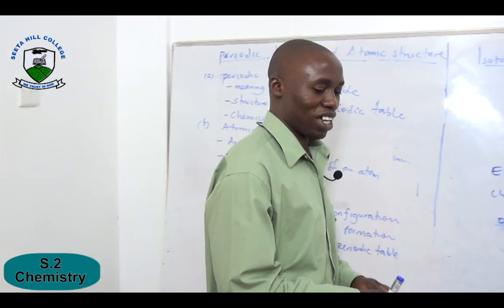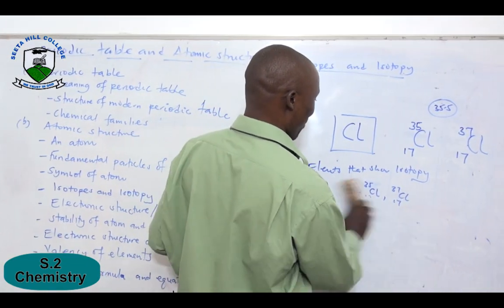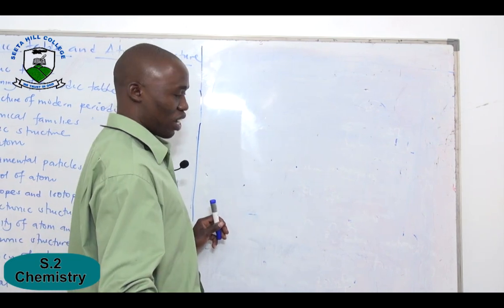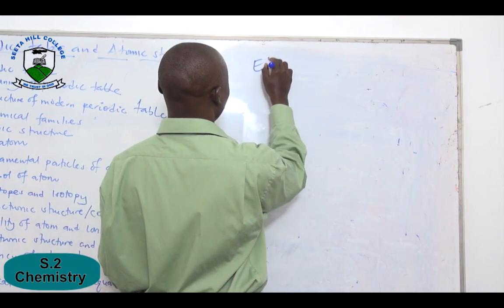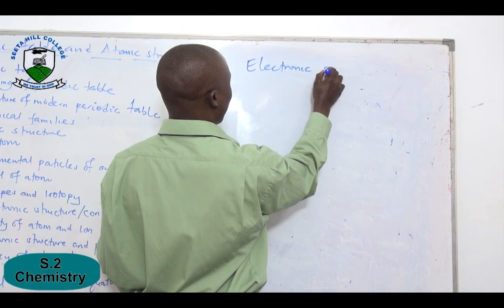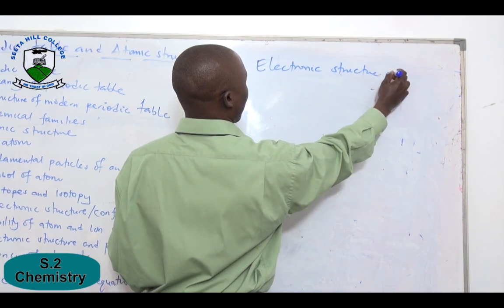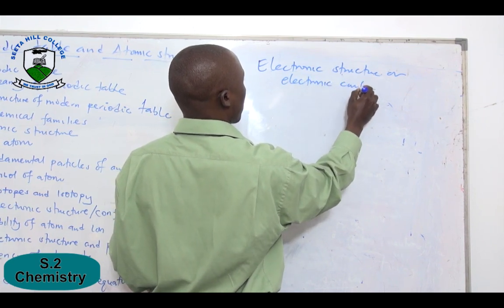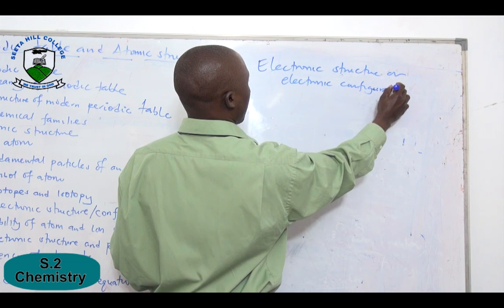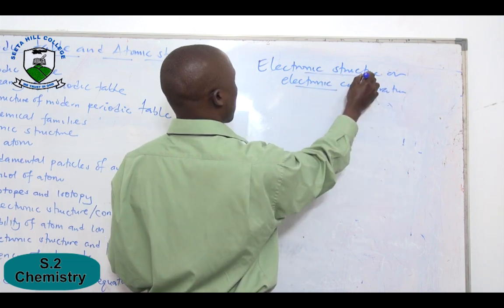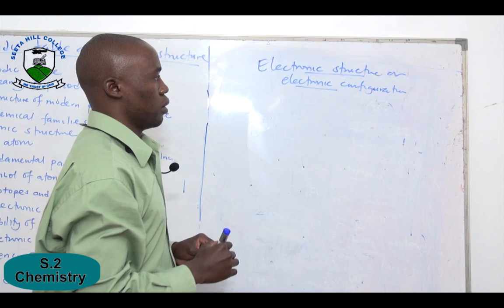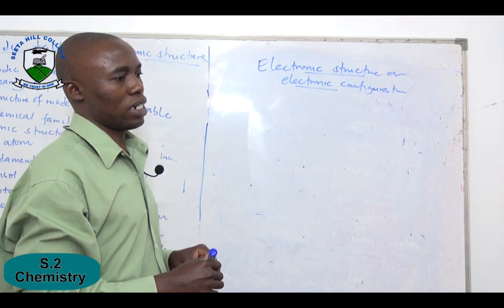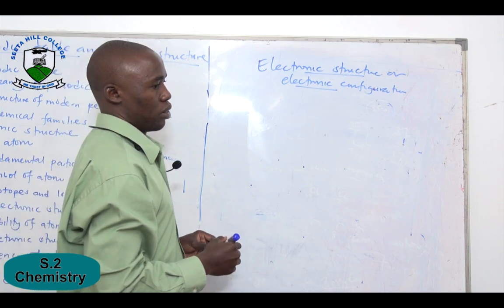Let us drop to electronic structure or electronic configuration. Now let us move on, because we don't want to overburden much here. Electronic structure. Now, it just means the arrangement of electrons around the nucleus of an atom.